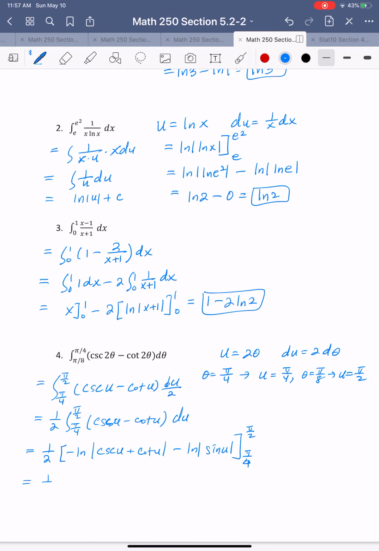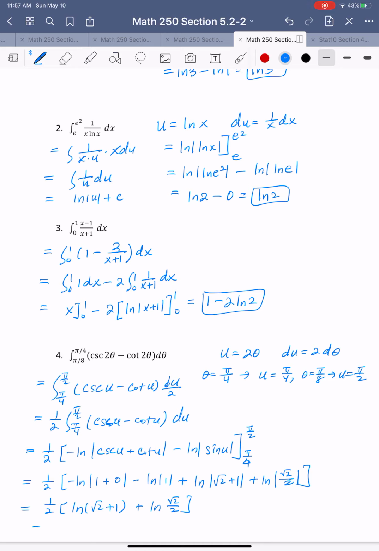So I got half of negative ln of 1 plus 0, minus ln of 1 plus square root of 2, plus ln of the square root of 2 over 2. And then I simplify, half of ln of square root of 2 plus 1, plus ln of square root of 2 over 2, and simplify further, half of ln of 1 plus 2 over 2.